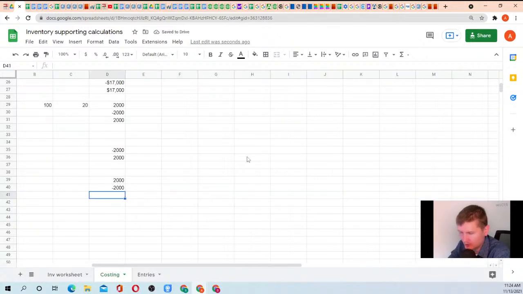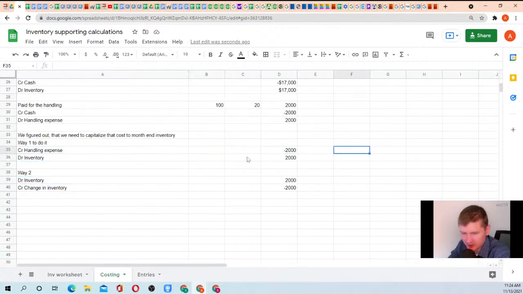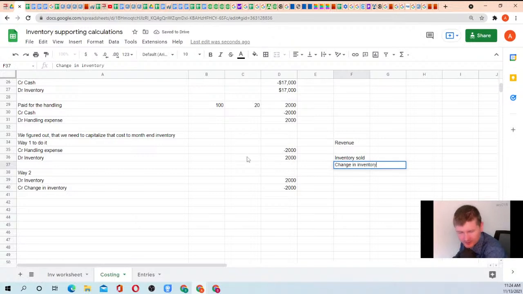And that would be the same amount. And we do that depending on what way we want to see our cost of sales statement. Let's say we have a cost of sales statement where we have revenue, inventory, inventory sold, change in inventory, handling.